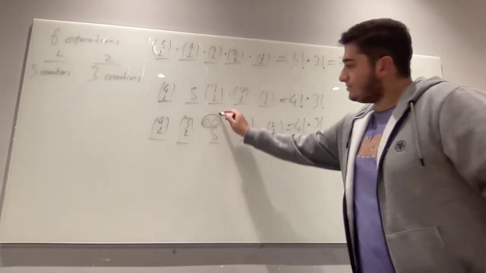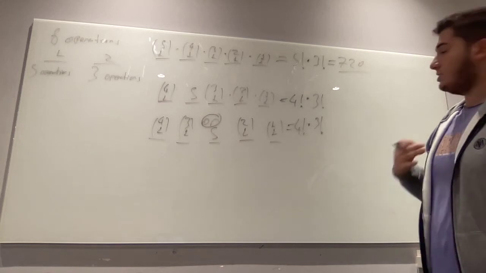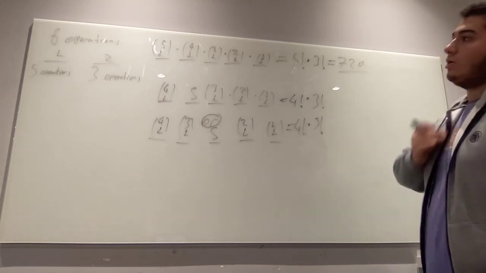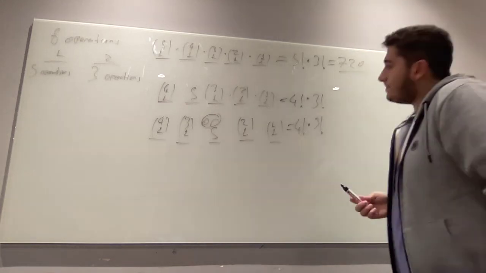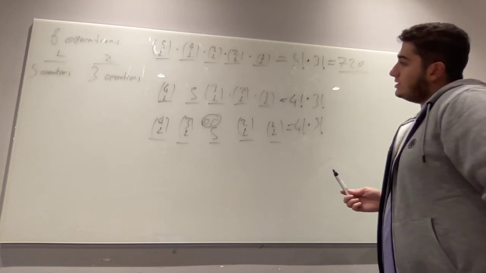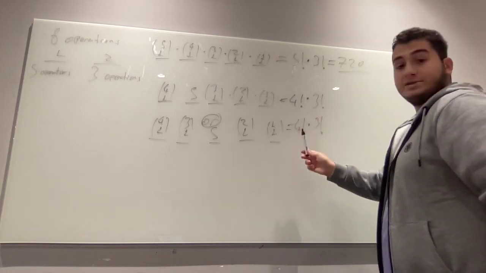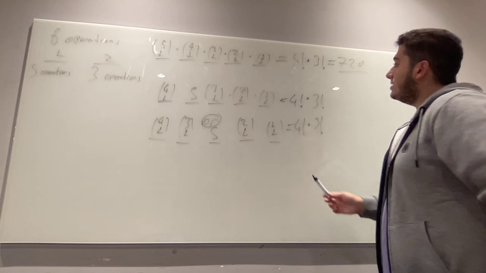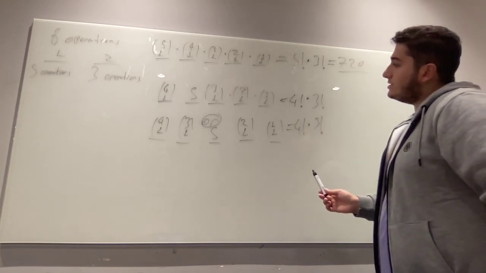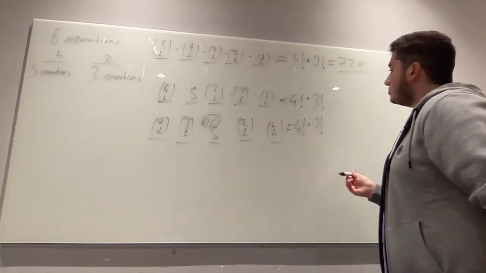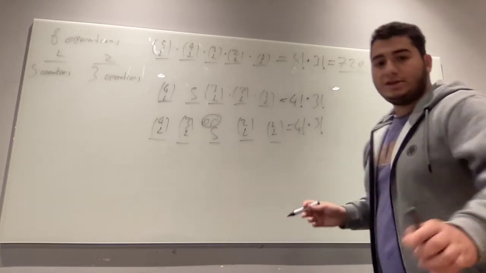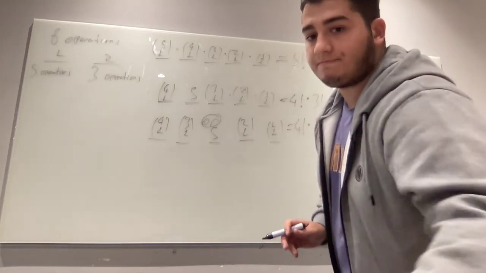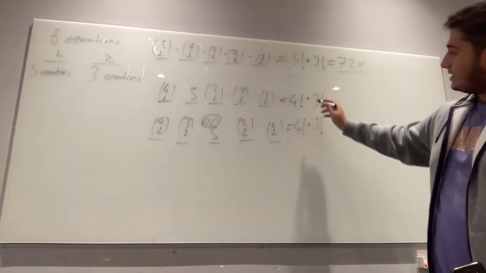It's OR. OR means this might happen, or this might happen. So the possible ways to compute with OR is adding them. I need to add them.